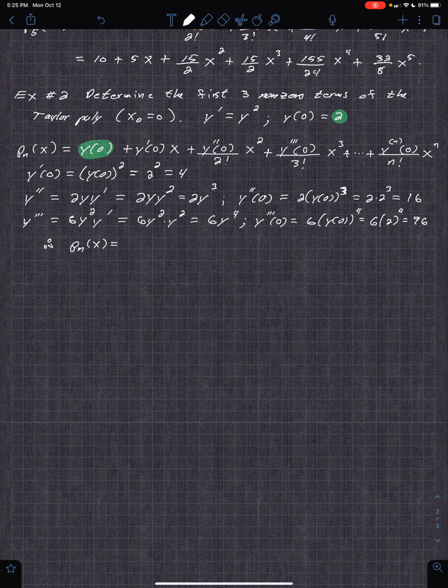So that's just going to be 2 plus 4x plus 16 over 2, so that's 8x squared plus 96 over 6, so that reduces to 16. So that 6 actually just reduces right there. So it's 16x cubed. Okay, dot, dot, dot.